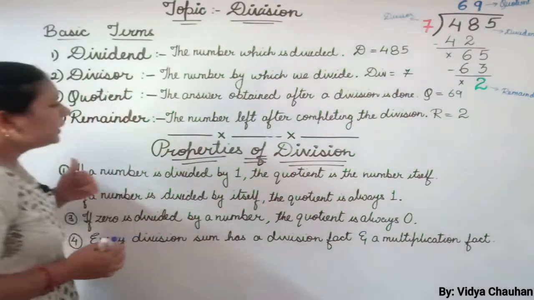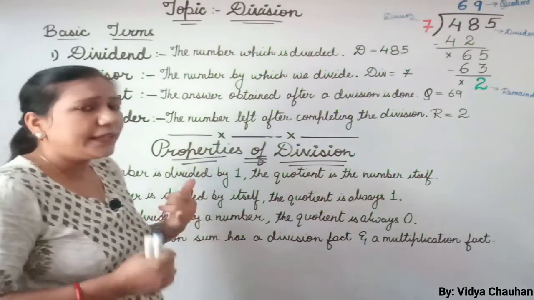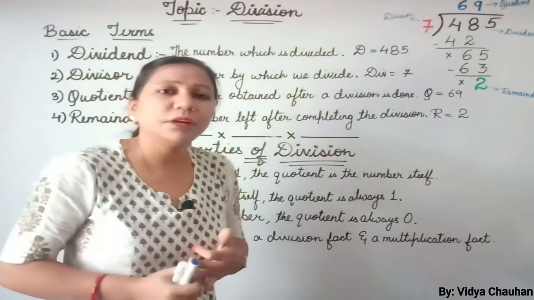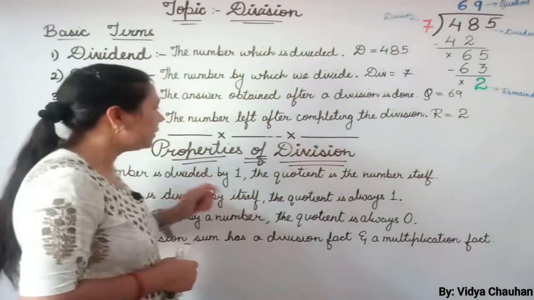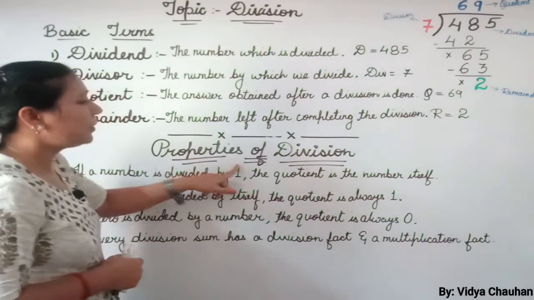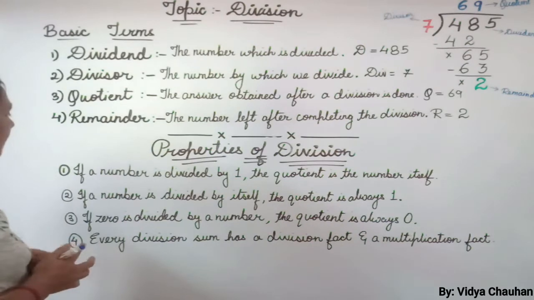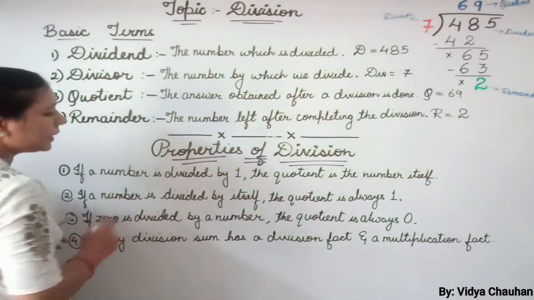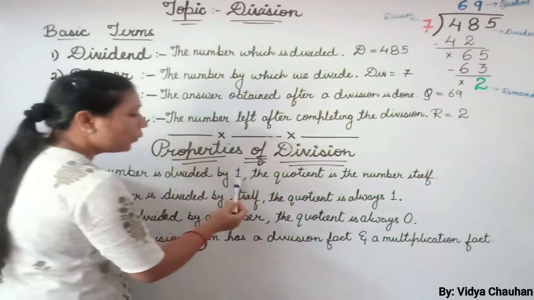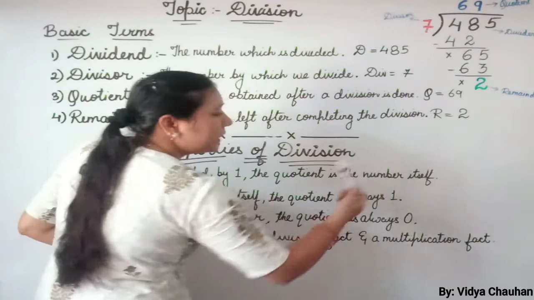Now there are some important properties of division also. Just like properties of addition, subtraction, multiplication, we have some particular rules or properties of division. Let us discuss them one by one. The first property says if a number is divided by 1, the quotient is the number itself.